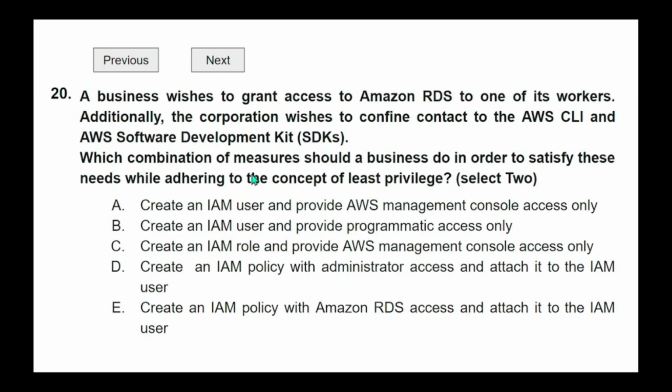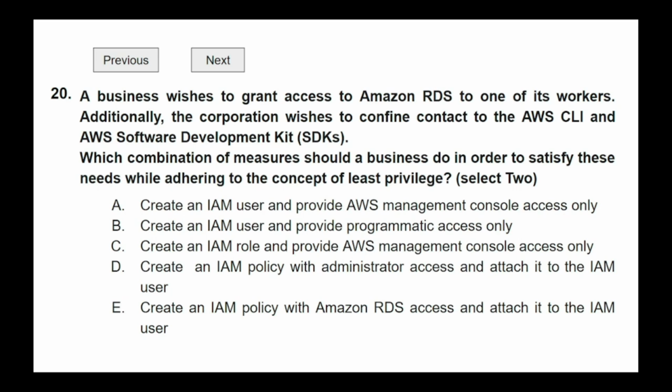Question 19. A business wishes to grant access to Amazon RDS to one of its workers. Additionally, the corporation wishes to confine access to AWS CLI and AWS SDKs. Which combination of measures should a business do in order to satisfy these needs while adhering to the concept of least privilege? Select 2. Option A. Create an IAM user and provide AWS Management Console access only.